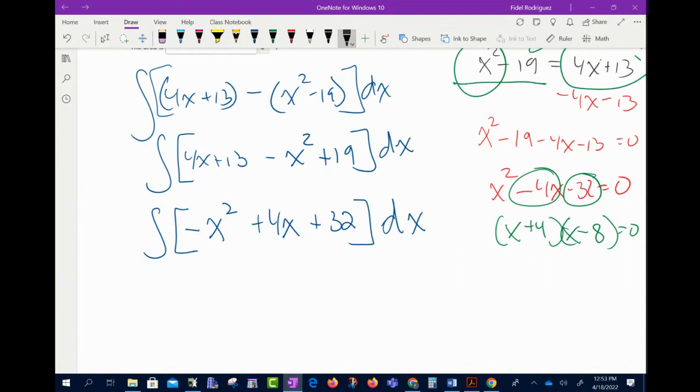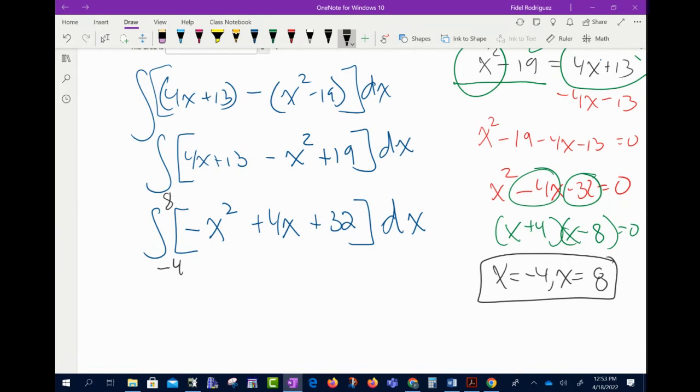Now when we set each part equal to 0, everybody agree we're going to get x equals negative 4 and x equals positive 8? Those are my limits of integration, from negative 4 to positive 8.